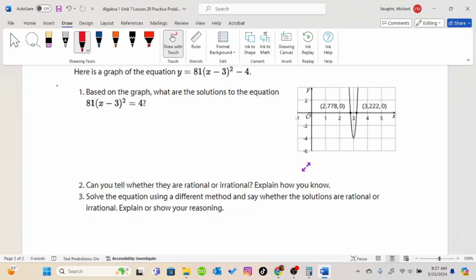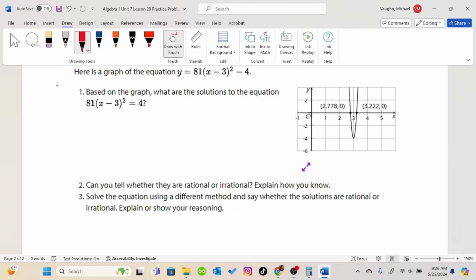Here is a graph of the equation y equals 81 times x minus 3 squared minus 4. Based on the graph, what are the solutions to the equation 81 times x minus 3 squared equals 4?